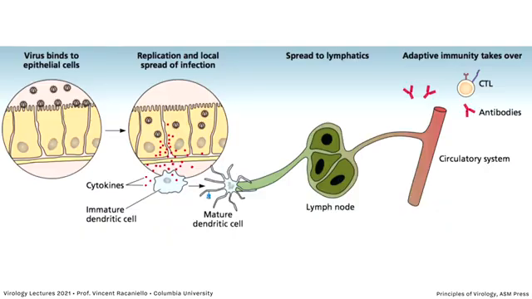And just to remind you how we linked the innate and adaptive defenses, we have here virus infection of an epithelial barrier. The cells sense the presence of the virus infection, and that's the innate immune system. The innate immune system is activated, and cytokines are produced, including interferons. These cytokines attract cells of the immune system, such as dendritic cells.